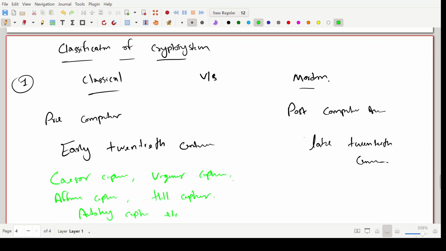And for modern ones, some examples are DES, AES, and RSA algorithm, etc. Okay, so the first classification of crypto system is this.